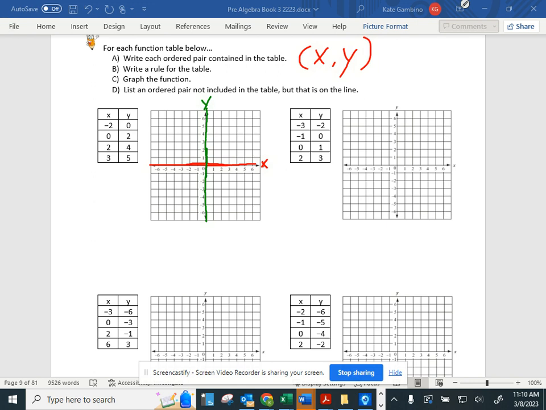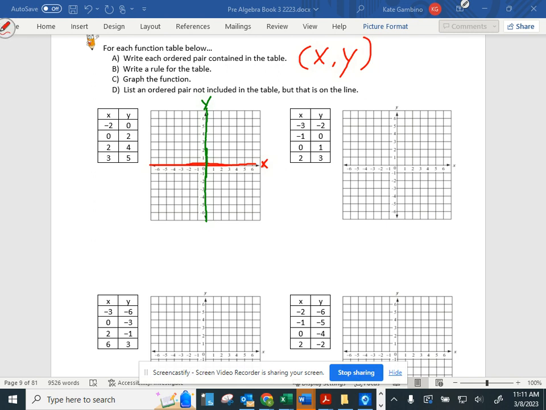So the first thing we're going to do is write the ordered pairs from the table. We're writing all the ordered pairs. In the future, you might just look at it and say, I know what the ordered pair is, but if the directions say write out the ordered pair, you need to write out the ordered pair. Even if you can do mental math with it, we're writing it out.